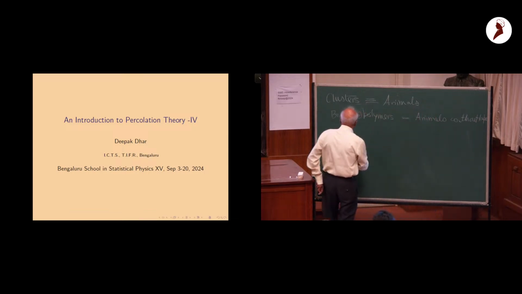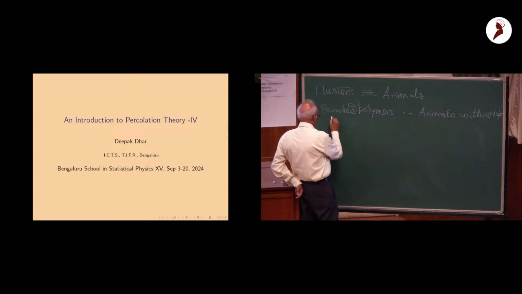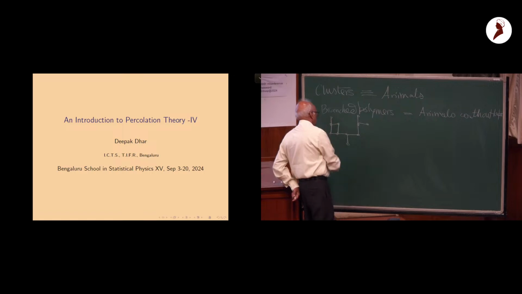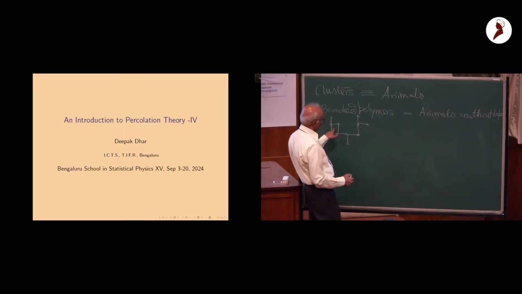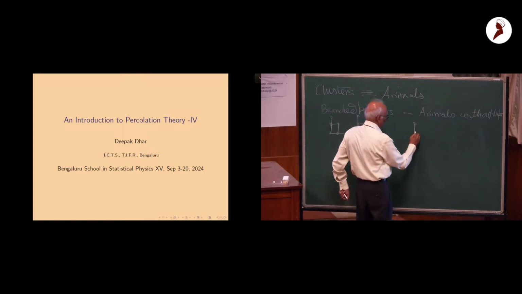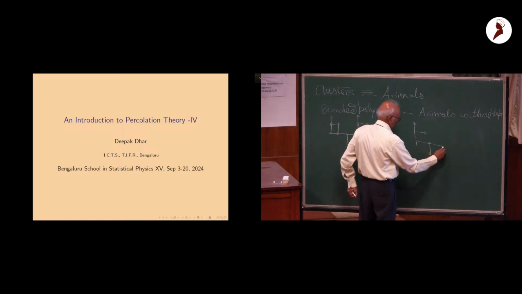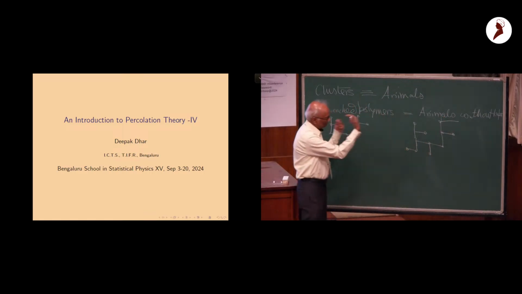So, that is an animal with loops, but if you disallow such stuff, then you can only have things which are called branched polymers. Like that.